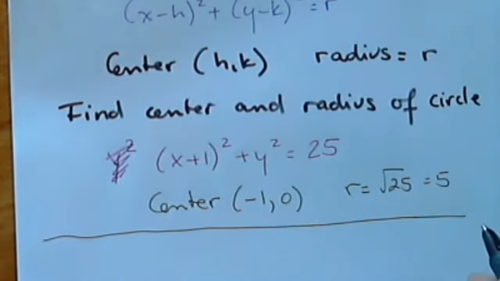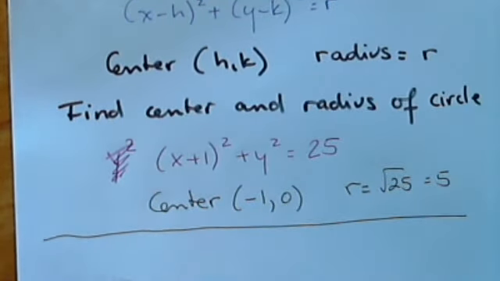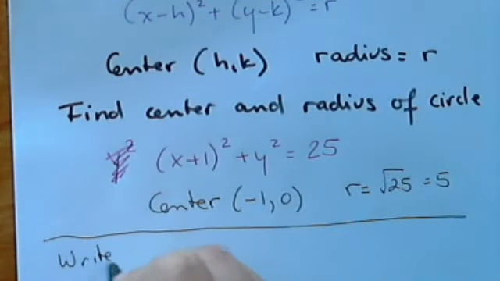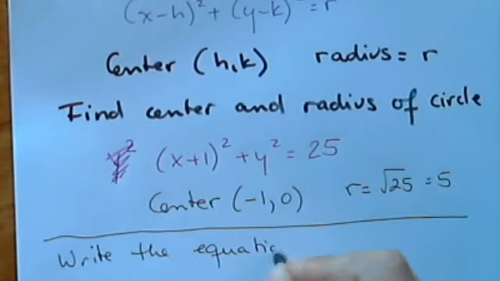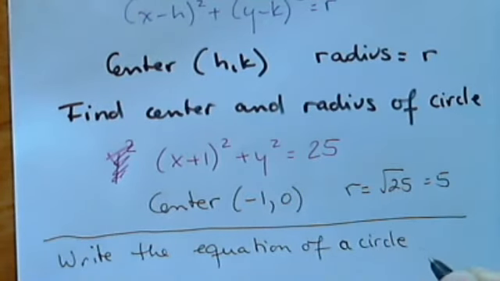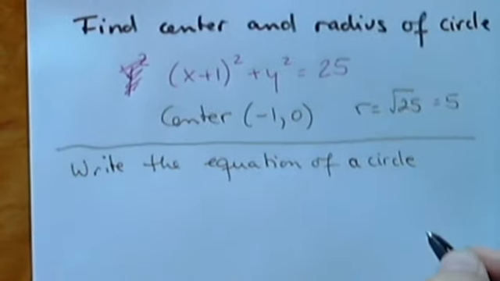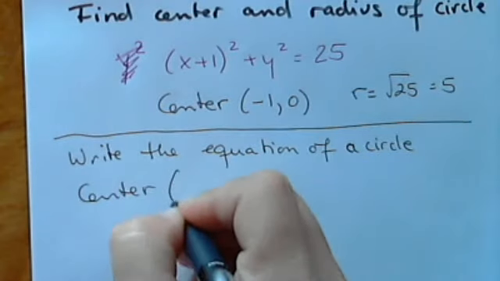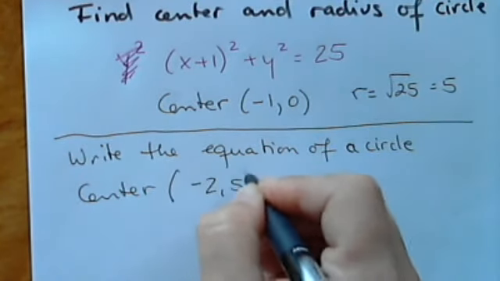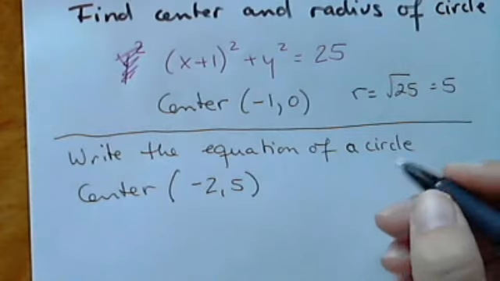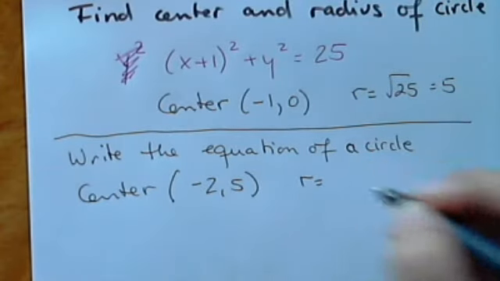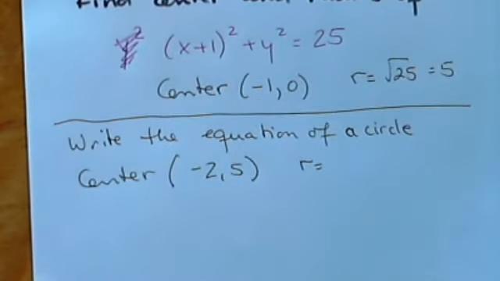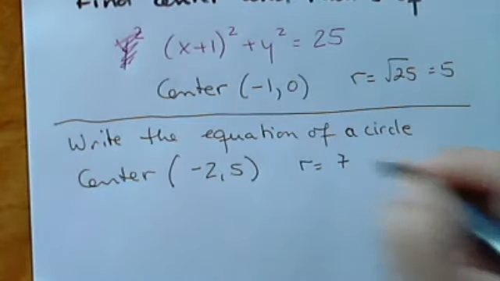Okay, so let me write the equation of a circle when we have a center which is (-2, 5) with a radius of 7.